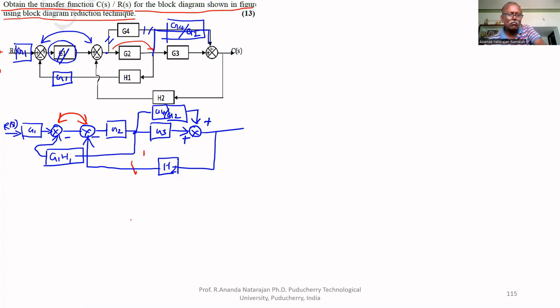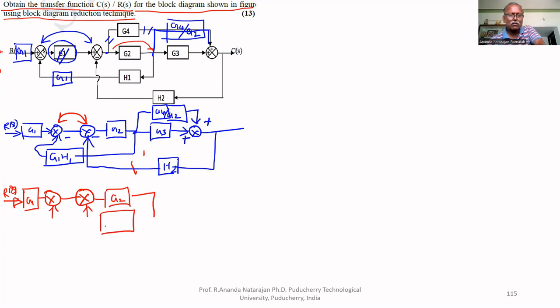So we have to draw one more diagram. R(s), G1. The summing junctions are interchanged because no blocks are in between them. That's why it can be interchanged. So this is for H2, this is for G1 H1. Here G2 is there.